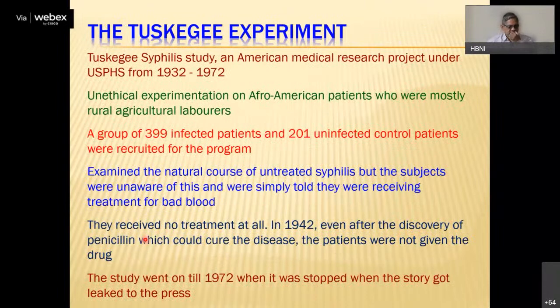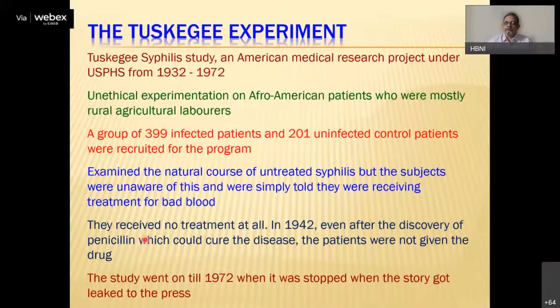An example is what is called the Tuskegee Experiment. It was conducted in the United States. It started in the year 1932, that was before the World War. So this was actually a study of the disease syphilis. It was also called the Tuskegee syphilis study. And this was an American medical research project under the United States Primary Health Service.